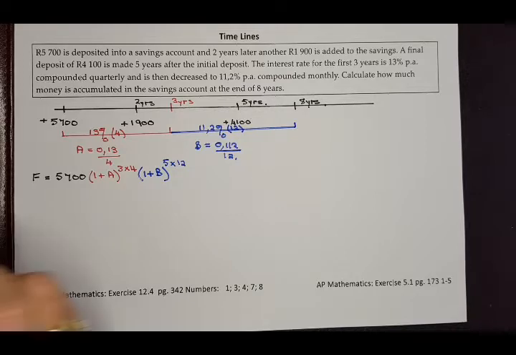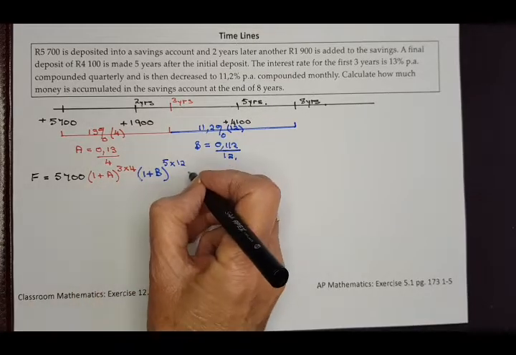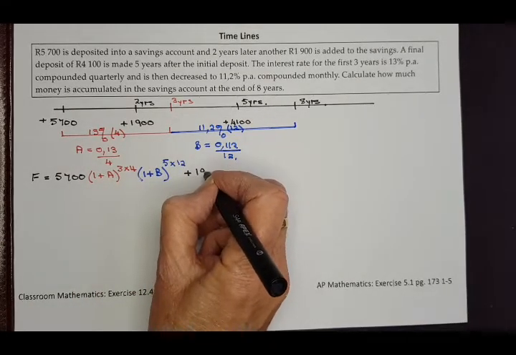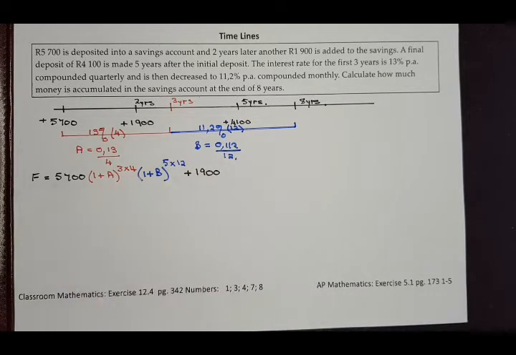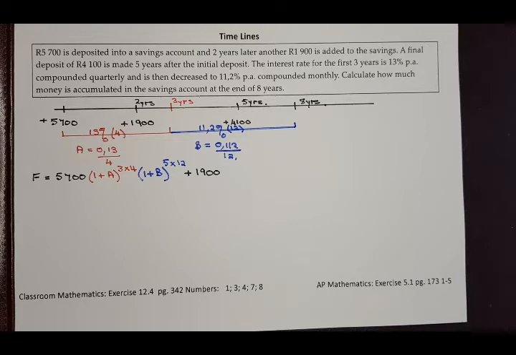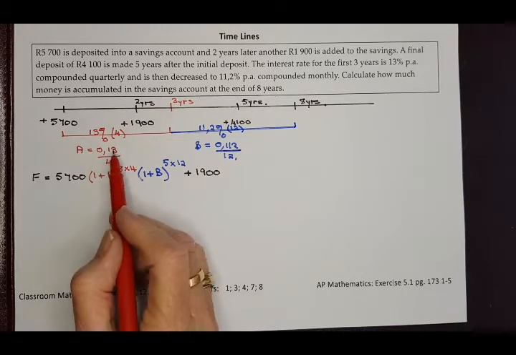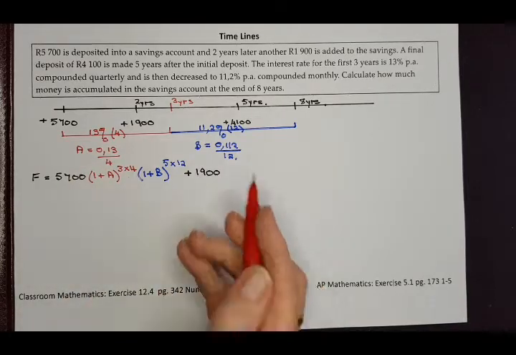Our next investment is this 1,900. We went into the bank again with some more money, and so we're starting the process all over again. Initially, that investment is also earning that interest rate.